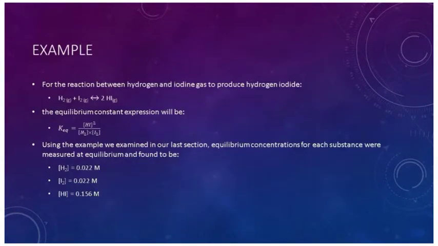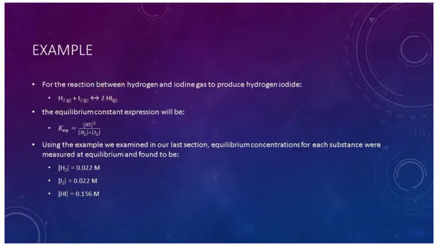So here's an example. For the reaction between hydrogen and iodine gas to produce hydrogen iodide, which we've looked at before, the equilibrium expression will be written as such. So we have H2 plus I2 gives us 2HI. So we have the concentration of the products on the top raised to the coefficient, and the coefficient here is 2.